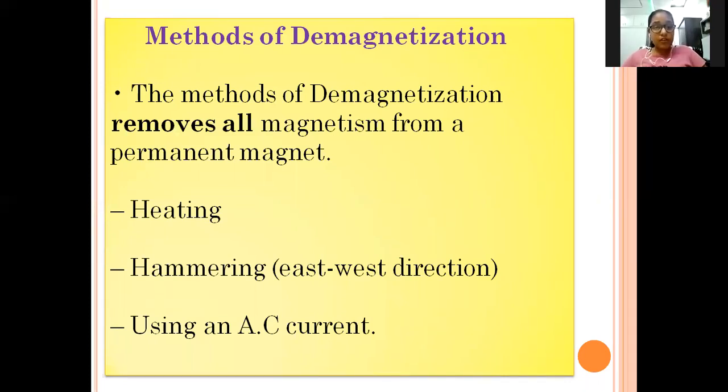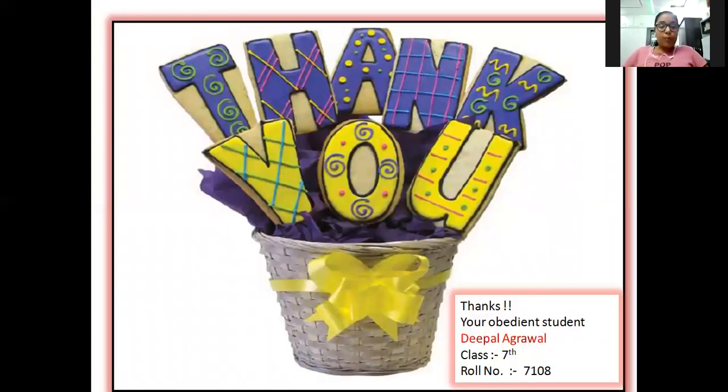So the methods of demagnetization remove all magnetism from a permanent magnet. So a magnet can lose its properties by heating a magnet, hammering it in the east-west direction, and using an AC current. So this was the last topic, and now the end of my presentation.